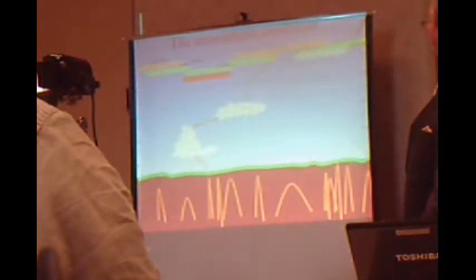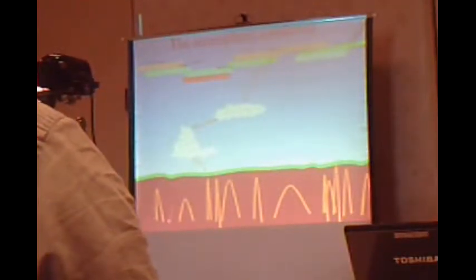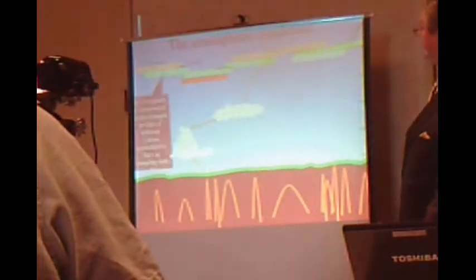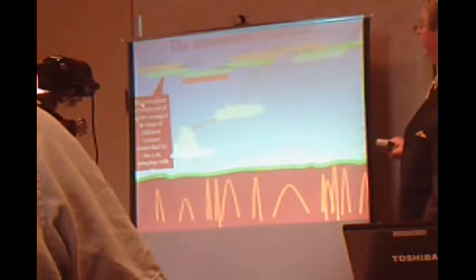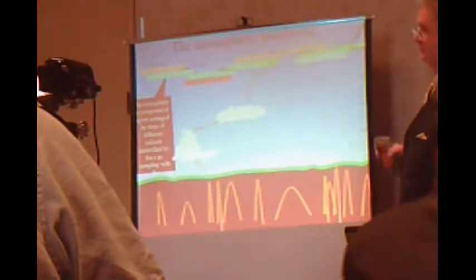And then he talks about the atmospheric condenser, your ionosphere with your positive charges mostly, and there's your ampere hoop or your sea urchin spike, and your relationships. He's got a lot of detail here. I'm going to try not to read all this, but you see he's talking about steps of ionospheric charge, and it gets thicker.